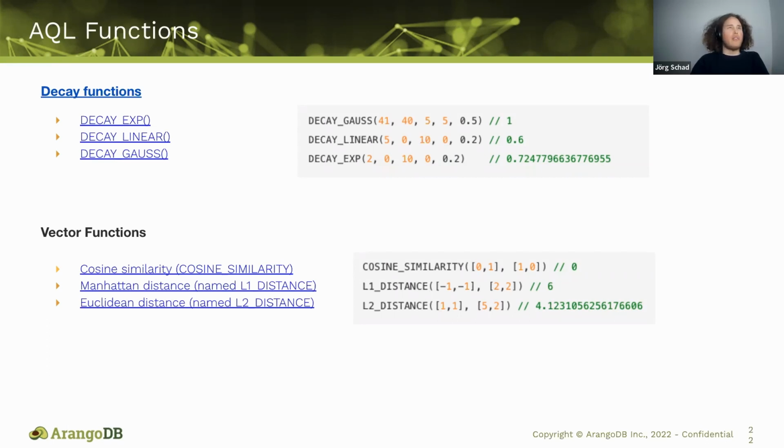Next thing we added, or the next class of functions we added, are vector functions. They allow us to compare the similarity of two vectors. So for example, cosine similarity, L1 or L2 distance, they take as input two vectors, and they allow us to see how close or how similar those two vectors are.